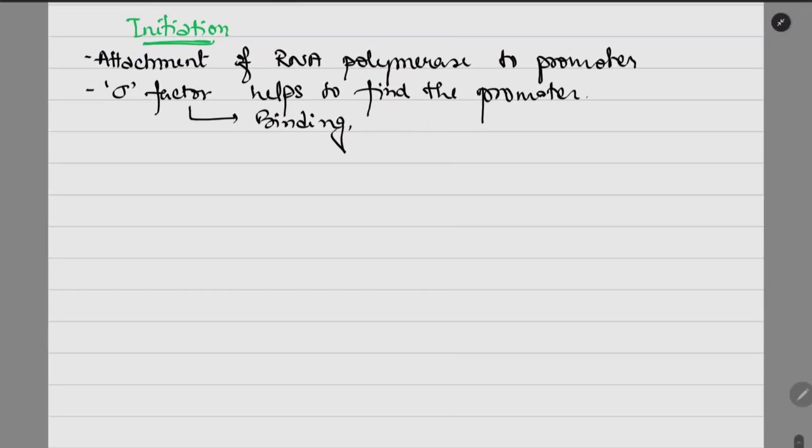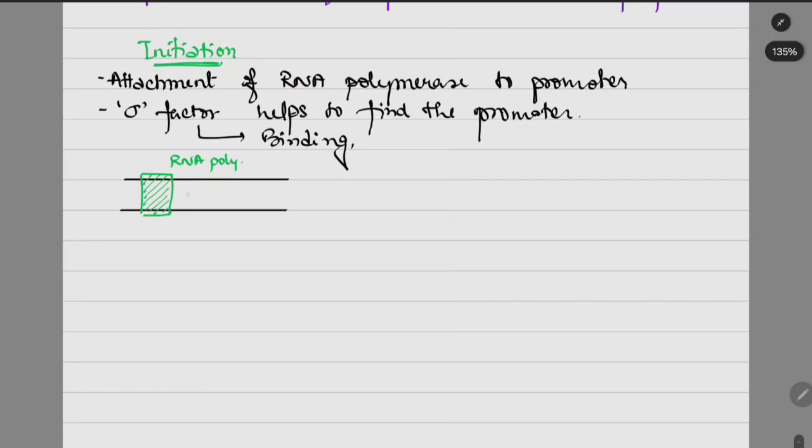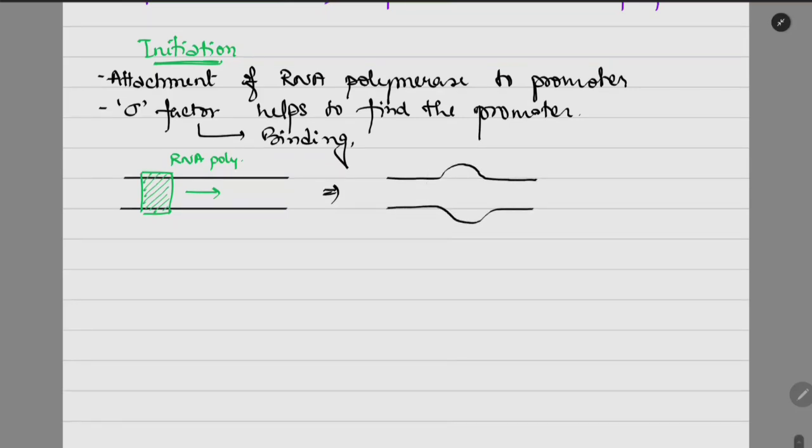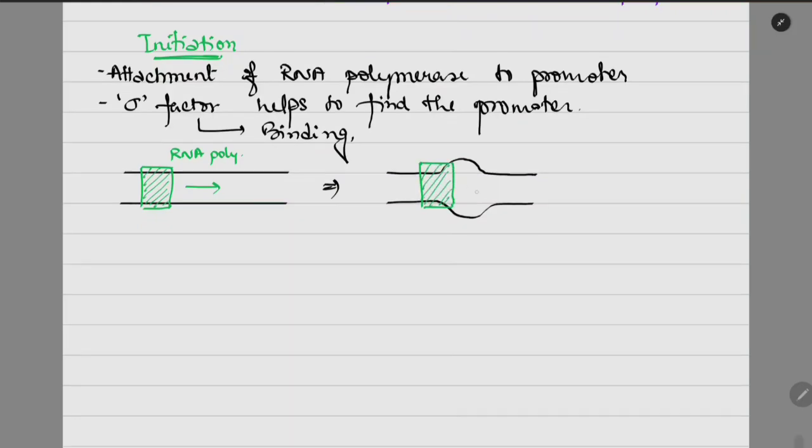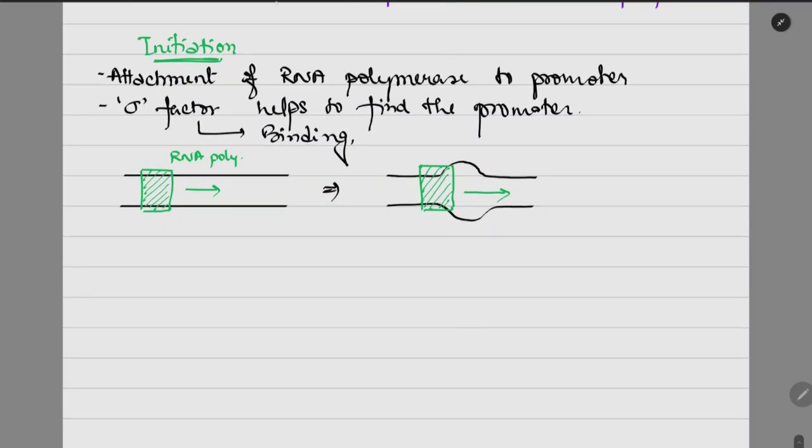So if I show it with a diagram, this one is the DNA sequence and this one is the RNA polymerase, and in this direction the RNA polymerization is taking place. There will be unwinding of the DNA, and here the RNA polymerase is active. As it goes to this side, slowly the new RNA is formed. I will draw a diagram here again.